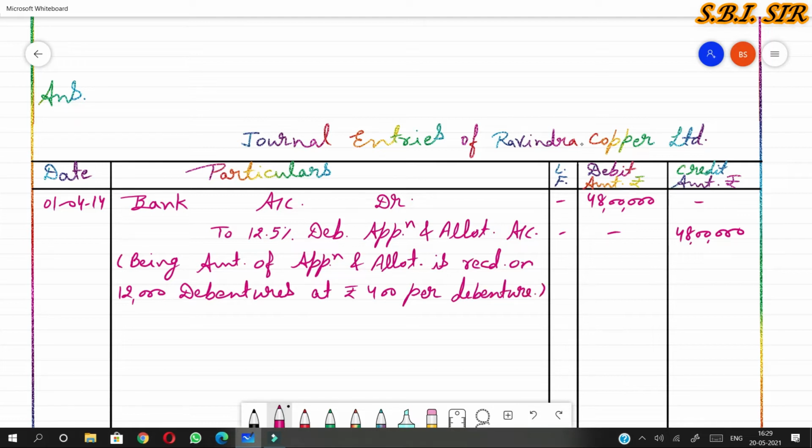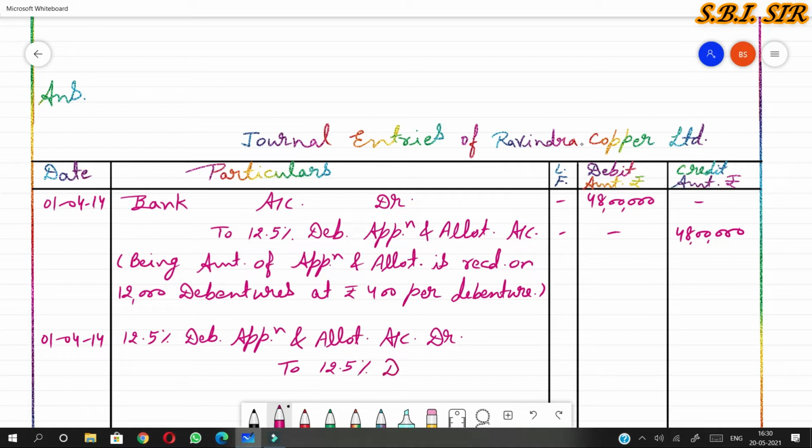Then the next entry as on 1/4/14: 12.5 percent debenture application and allotment account debit, to 12.5 percent debentures account, 48 lakh.